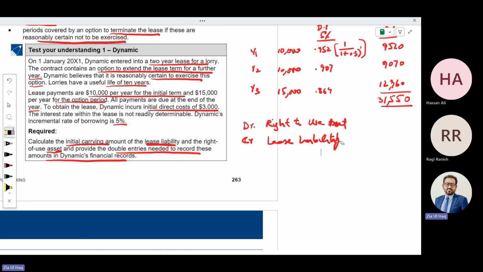In the balance sheet, we will record the lease liability, and credit what we have already paid. We incurred an initial direct cost of 3,000, which we have already paid as cash direct cost.